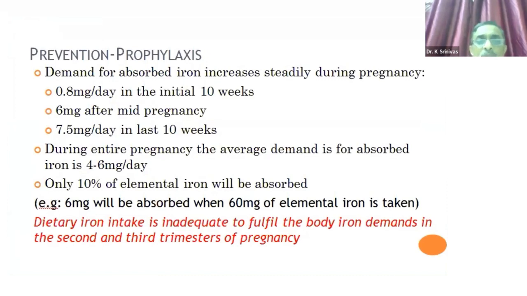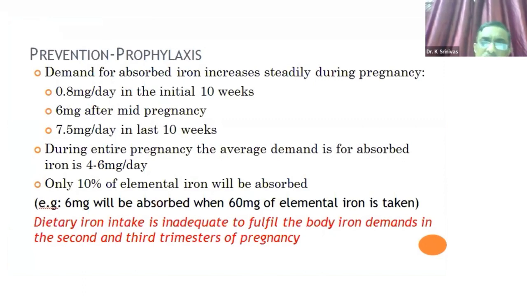How? Demand for absorbed iron increases steadily during pregnancy. This is what I told you. Initially, it will be close to 1 milligram per day, 0.8 to 1 milligram per day. But once she reaches mid-pregnancy, 20 weeks onwards, it goes to about 6 to 8 milligrams per day.